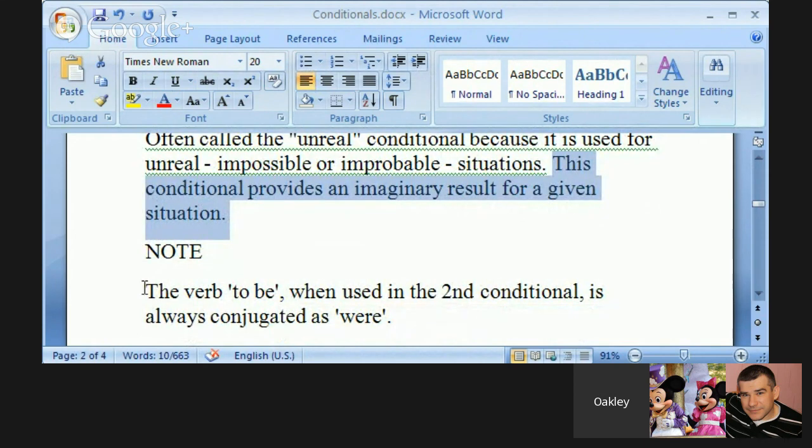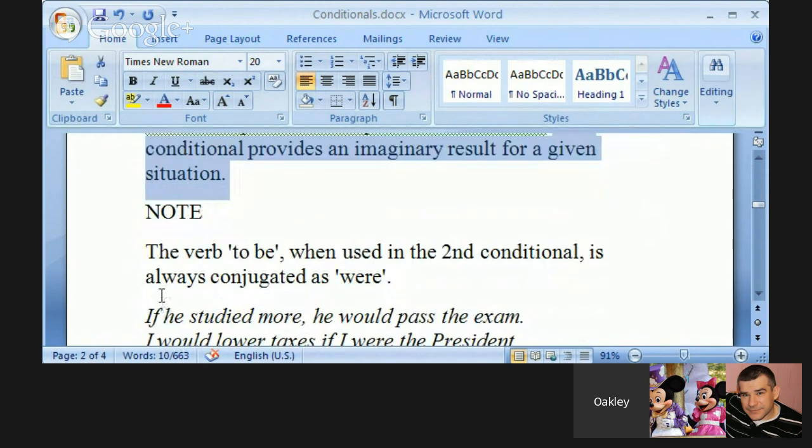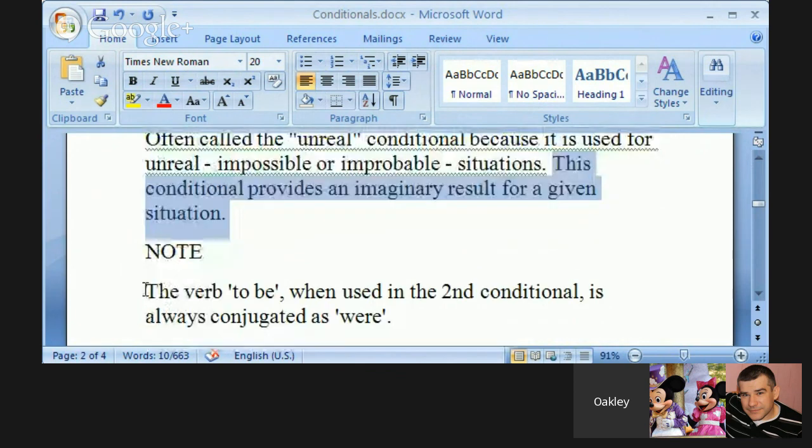Note, and actually Anna started to do this when she started to give me a second conditional as an example. This is where things get a little strange. Okay, the verb to be, when used in the second conditional, this is a strange exception in English. When it is used in the second conditional, the verb to be is always conjugated as were, which of course, in forming a normal statement sentence, you would never do because it would sound crazy.